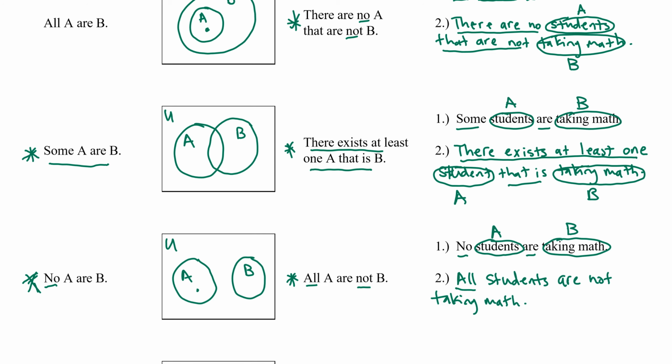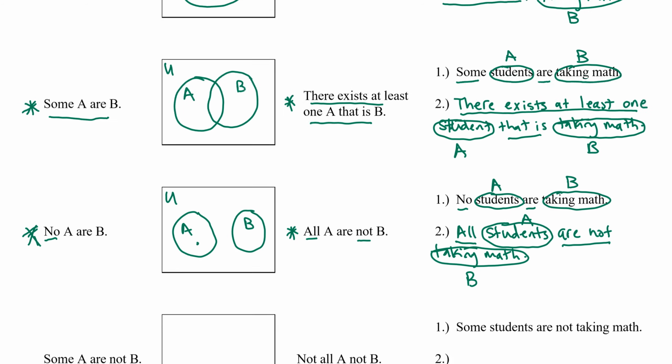So we have this pattern: all students A are not B. Those two statements express exactly the same logical thought, even though they're constructed a little bit differently. They're using two different quantifiers, no and all, but they're stating the same thing.